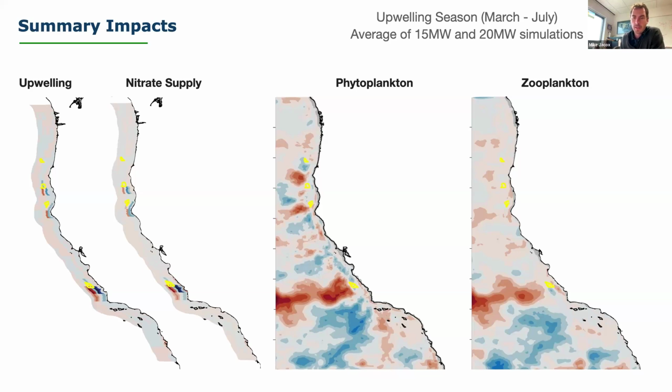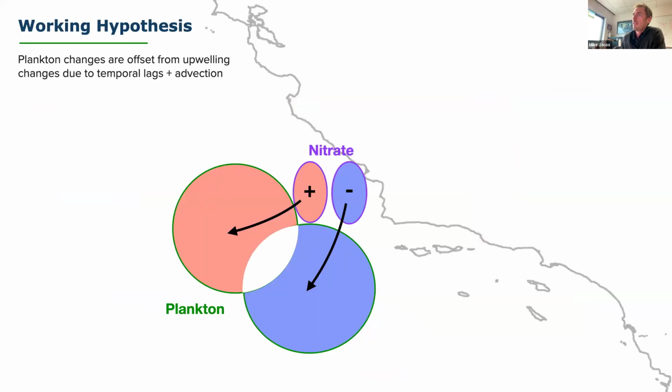And the working hypothesis is that this is not a static system. So once there's a nutrient supply into the system, it takes time for the biological communities to respond. And as they do respond, there's also currents advecting them through the system. So here's a schematic idea of what's going on: you have these areas outlined in purple of positive and negative changes to the nitrate supply.